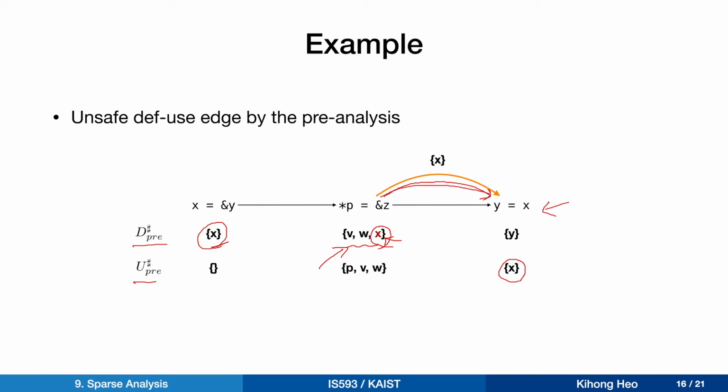Again, x is defined here, but because of the wrong def-use chain, there is no connection from this x to this x, because of this spurious definition. That is the problem.